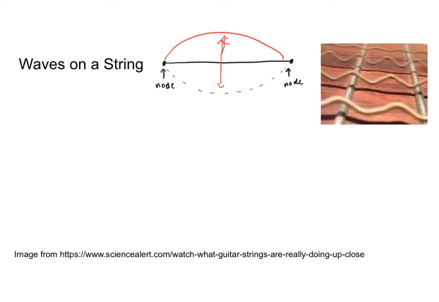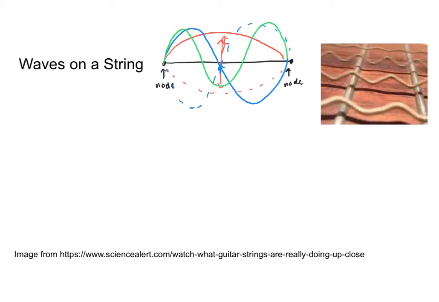I can also create a wave, however, shaped like this, where I have a node on both ends and an additional node in the center of my string. Similarly, I could draw a third waveform like this. Or excuse me, I actually messed that up a little bit. Let me try one more time.